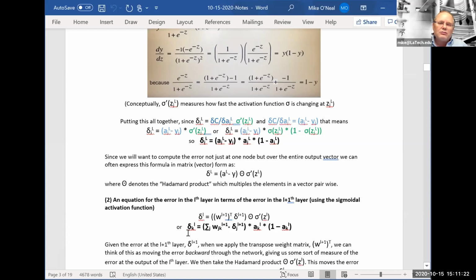You might say, well, why didn't you use J instead of K? Because every time we've talked about the weight matrix, I used a JK, where J is the destination and K is the source, and I didn't want to flip that. I wanted to keep it the way it's always been. That meant that we're talking about the kth node here, where we were talking about the jth node here.